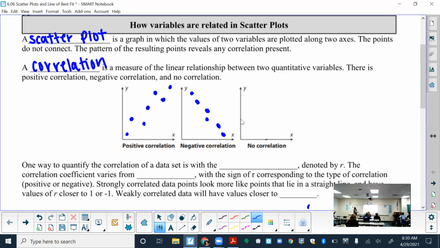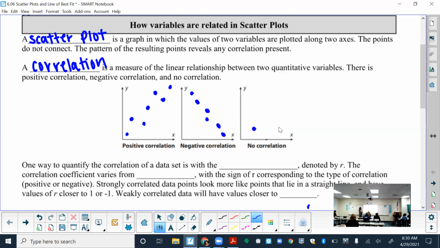Yes? So it wouldn't be like decrease or increase, it would just be like a straight line. That's a good guess. Any other guesses? So it wouldn't be necessarily increasing or decreasing, but also wouldn't necessarily be a straight line.